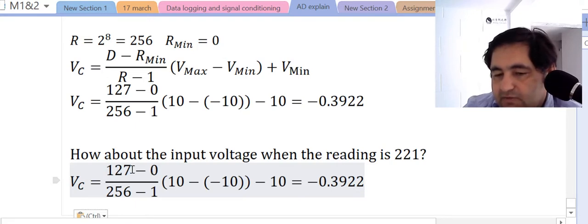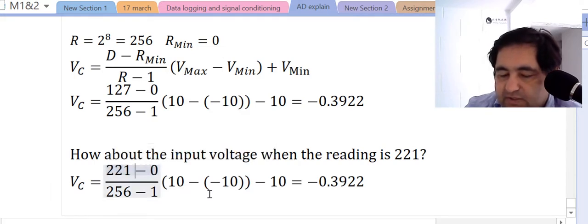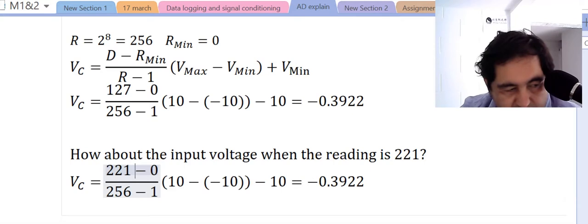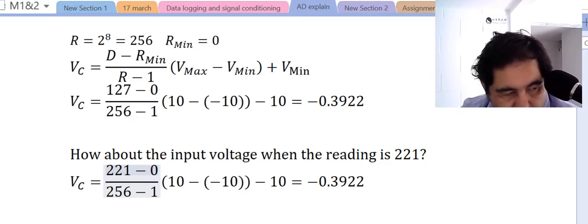I change this 127, which is the input digit, to 221 this time. And then 256 minus 1, 10 minus minus 10, everything is according to the calculation, but only my number is different.